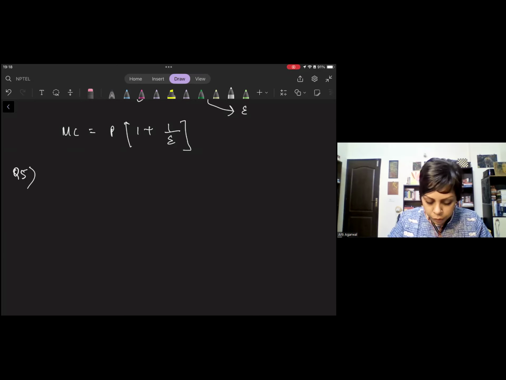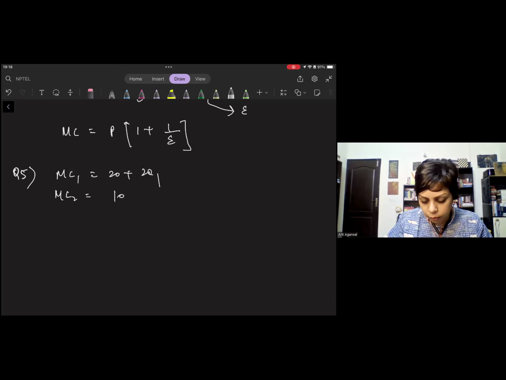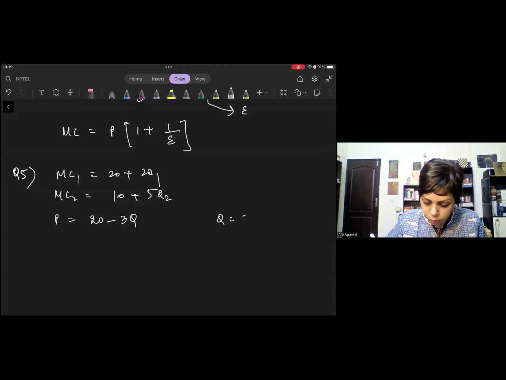You have marginal cost of 1 equal to 20 plus 2Q1, and marginal cost of 2 is 10 plus 5Q2, and you're given the inverse demand function, it's 20 minus 3Q, where Q is equal to Q1 plus Q2. Let me draw the diagram.